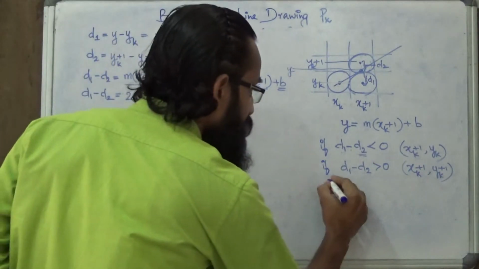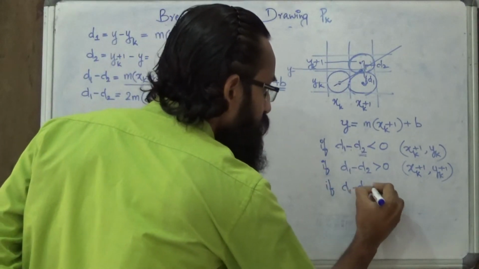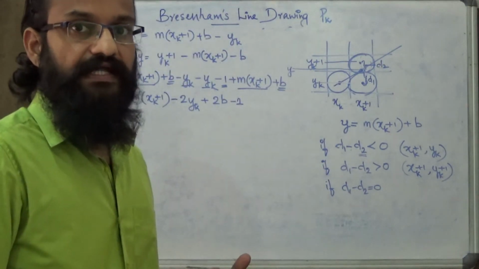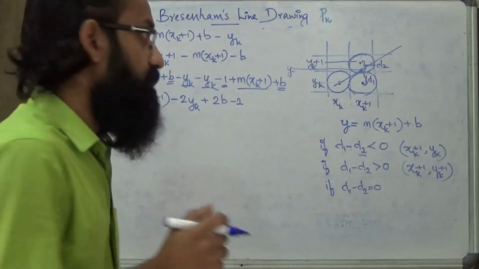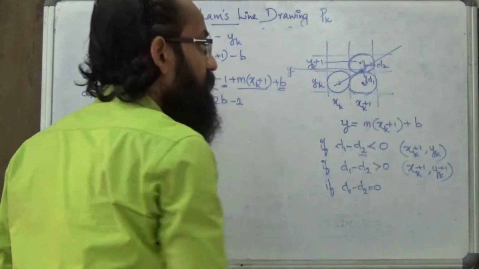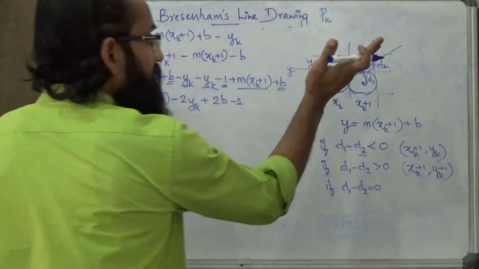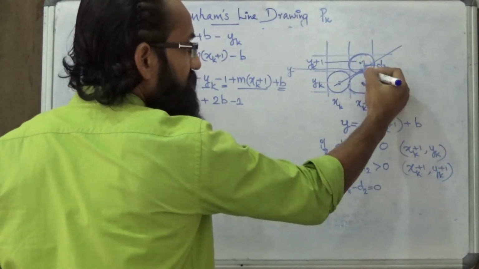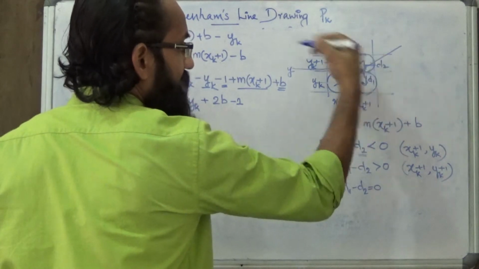Now what happens if d1 minus d2 is equal to 0? If d1 minus d2 is equal to 0, then both pixels are equidistant from the actual line path. And since we are treating a line with positive slope, we will be giving higher preference to the pixel in the upper scan line.